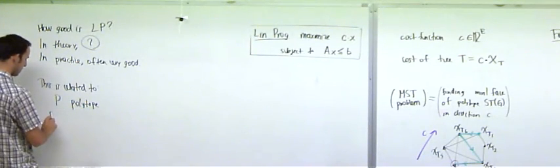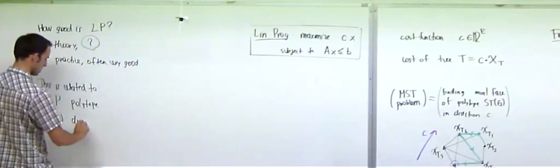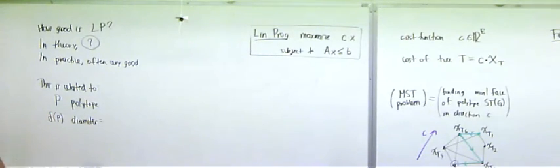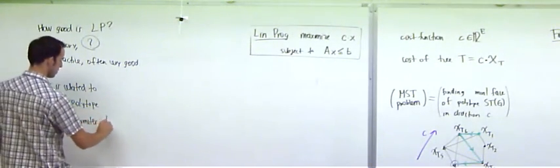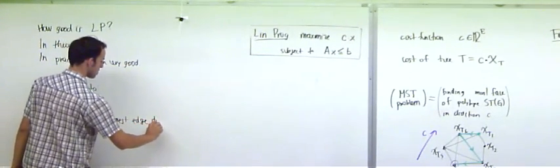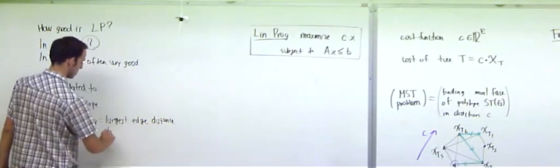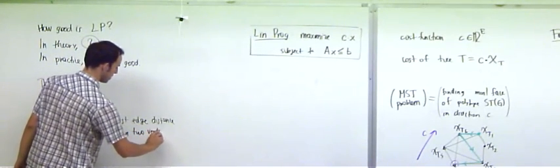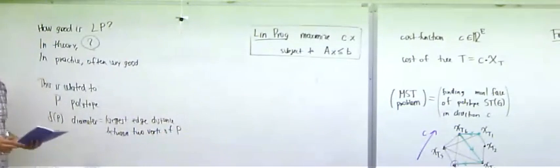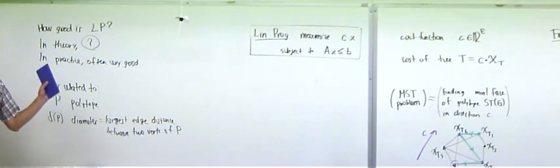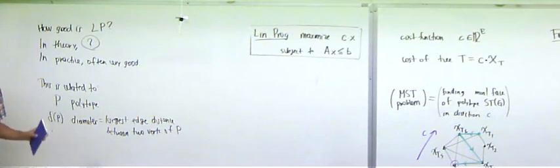Then I'm going to define the diameter of P. The diameter is going to be the largest edge distance between two vertices of P. So for example, if a polytope has diameter 5, then you can walk from any vertex to any other vertex taking 5 steps along edges.